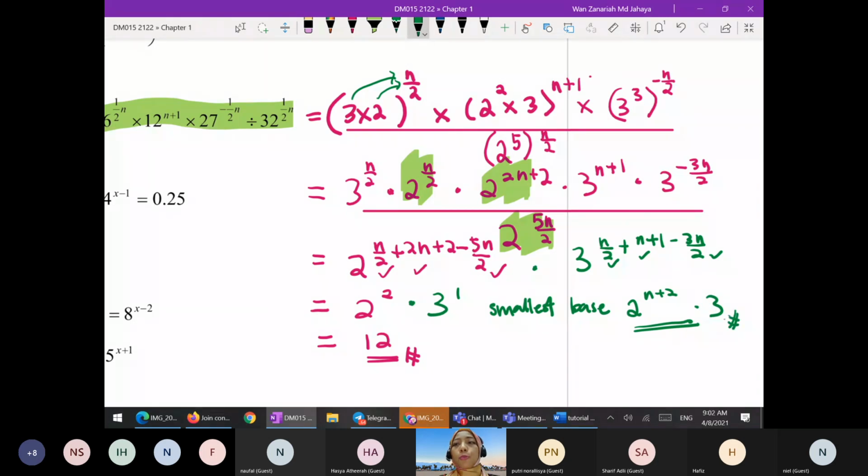Mungkin kebetulan bila you buat 8 darab 4, ada benda yang cancel and then at the end you dapat juga 12. Itu kebetulan sebab our answer is nombor bulat. In future, kebiasaannya power tu dia ada lagi n terms tu. So our target is give our answer in the smallest base. If later on it doesn't consist of n, you can multiply all together like in our case. Alright?